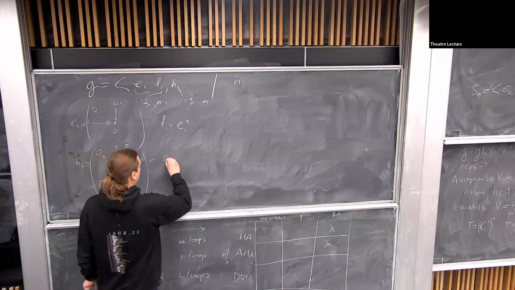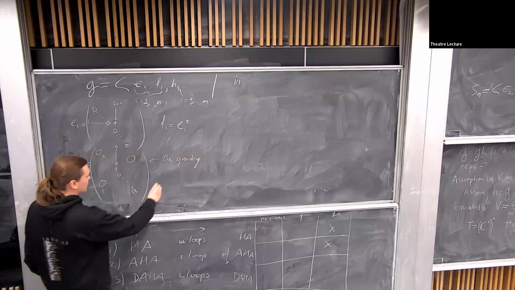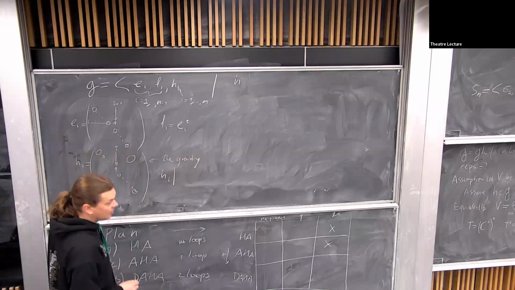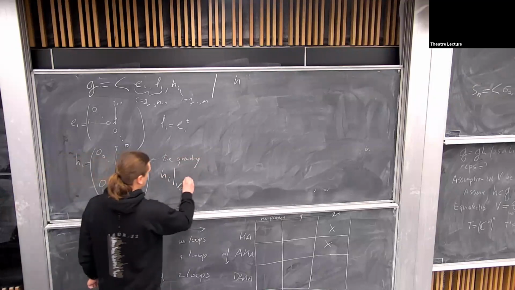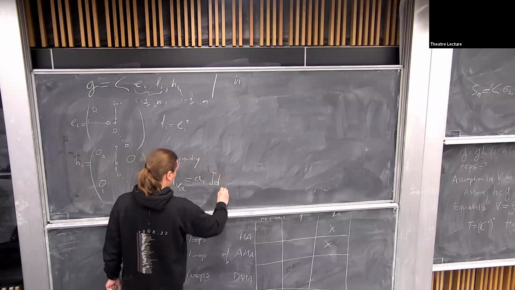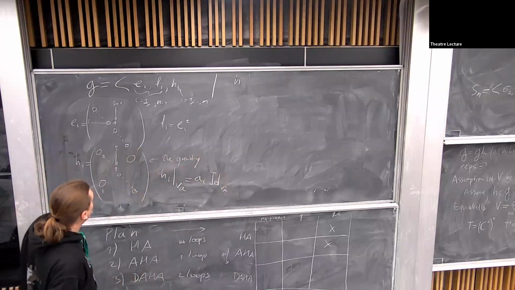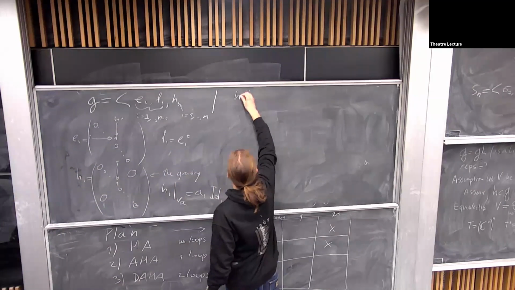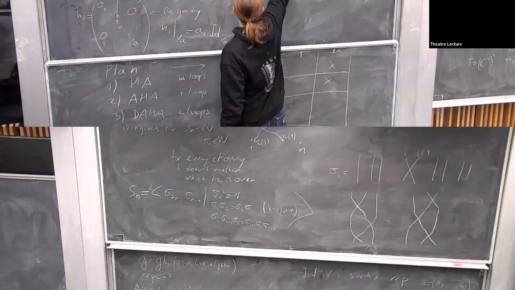In other words, H_i acting restricted to the space V_A is just A_i times the identity of V_A. So that shouldn't be so interesting.